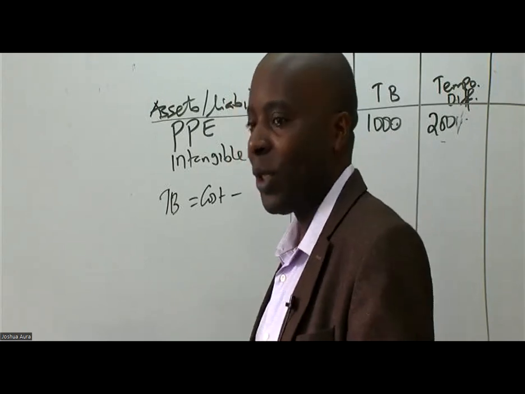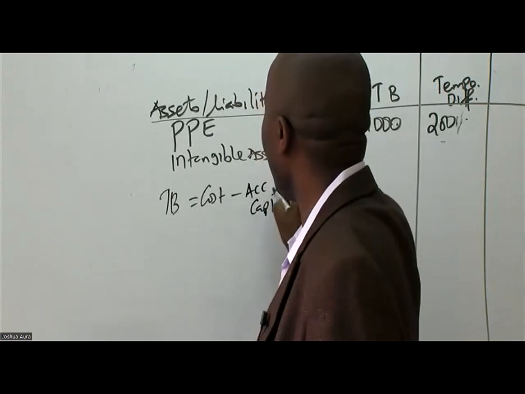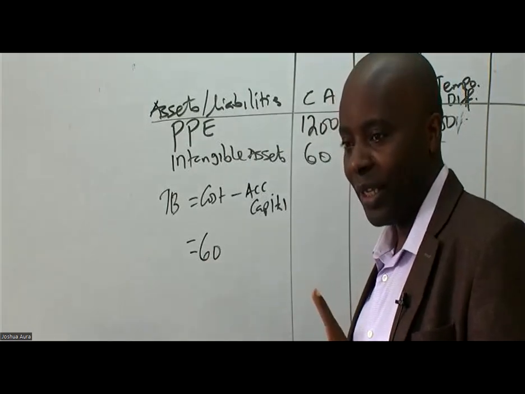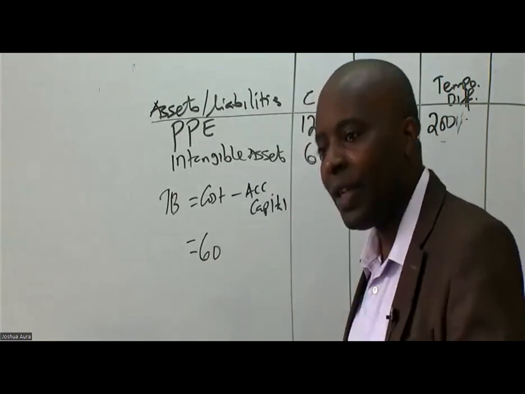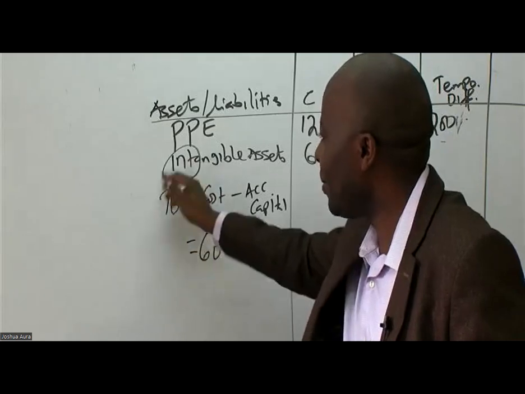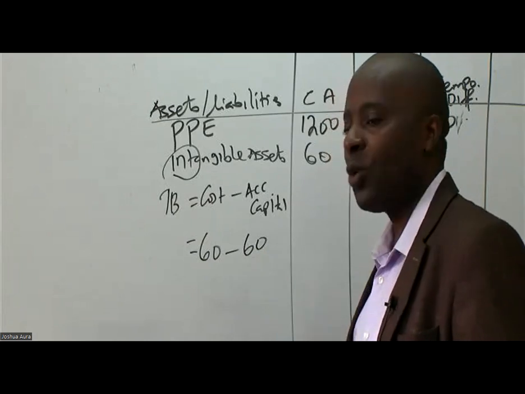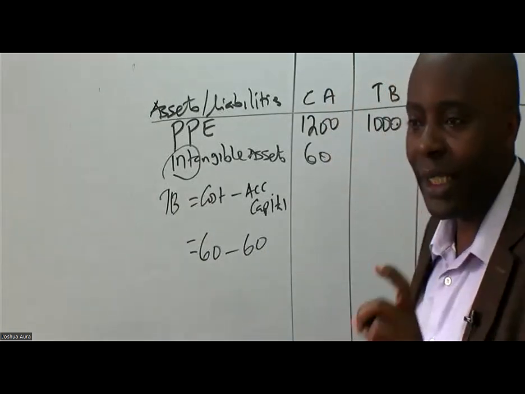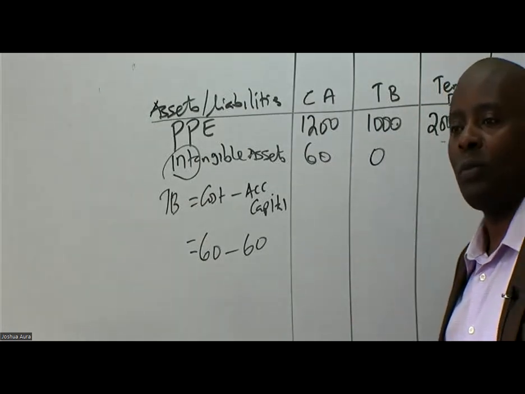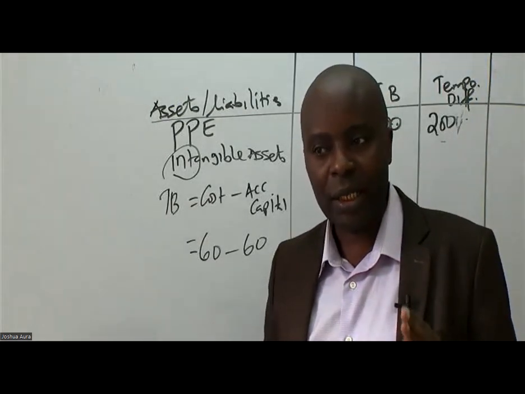Assuming that this 60 was the initial cost of the intangible asset, and the taxman had given it out as a capital allowance, the entire capital allowance was 60. So the tax base now for the future will be 0.